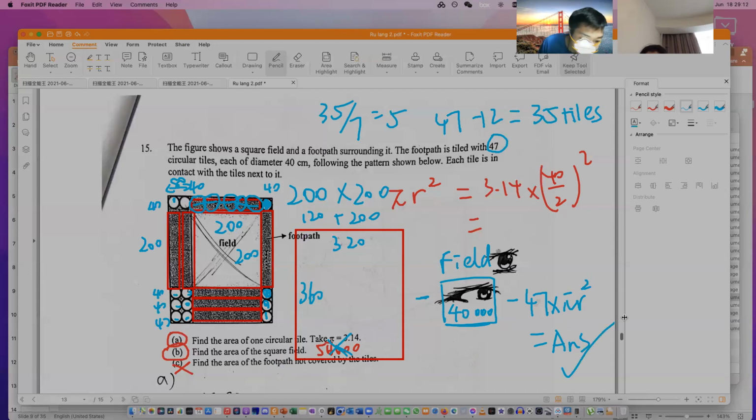To find part B, the strategy is you need to be able to see that you have seven sets here. This is the key thing. You are left with 35 tiles and you have 7 sets, so each set is 5 tiles. If you can find that 5 tiles in each set, then you can get 200 for the side of the field.